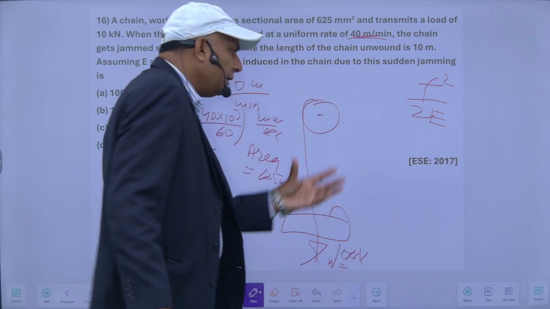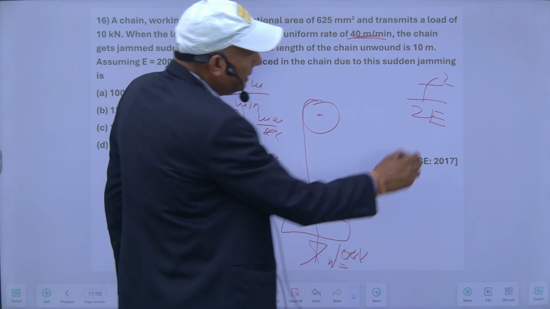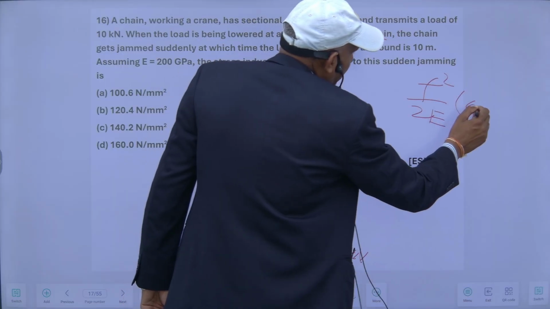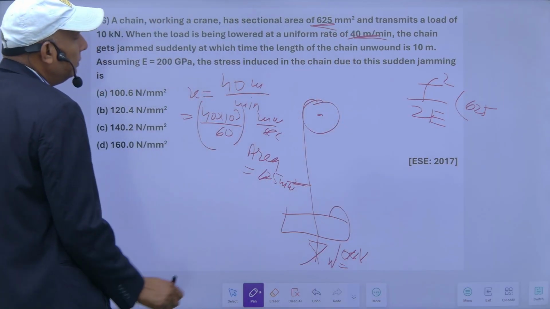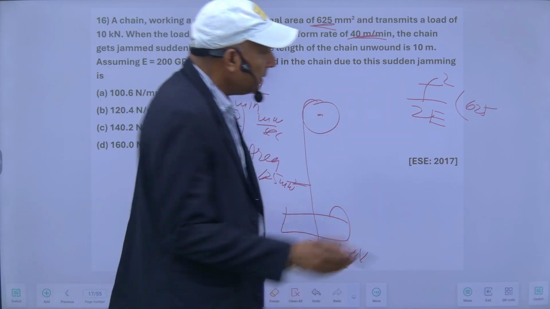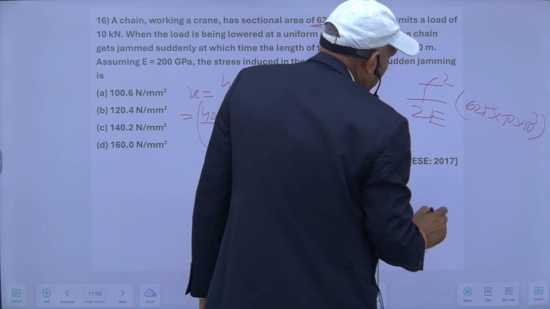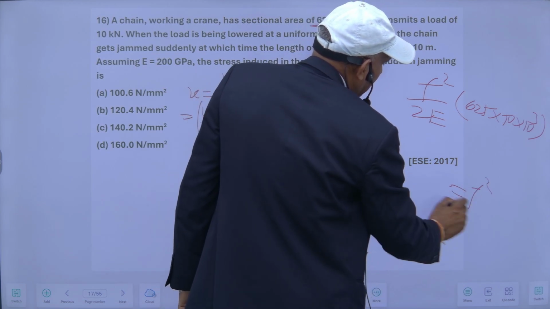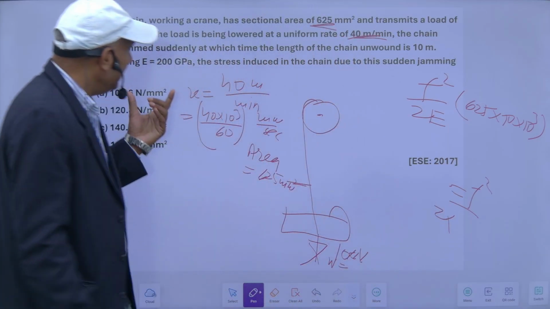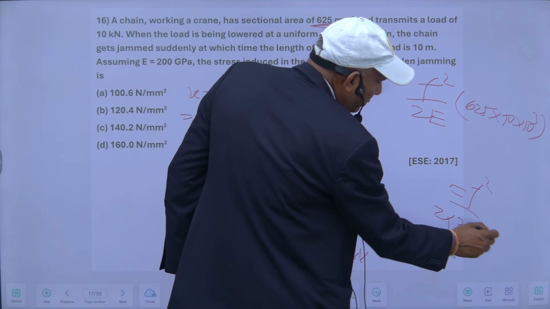If I multiply by the volume of this chain, meaning its area 625 into its length, which is 10 meter, that is 10 raised to the power 3 in mm, it will be F square upon 2E, where E is 200 gigapascal, which is 2 into 10 raised to the power 5 Newton per mm square.